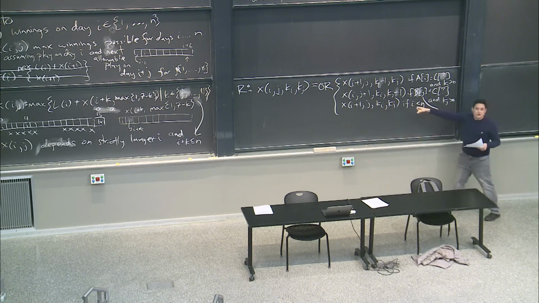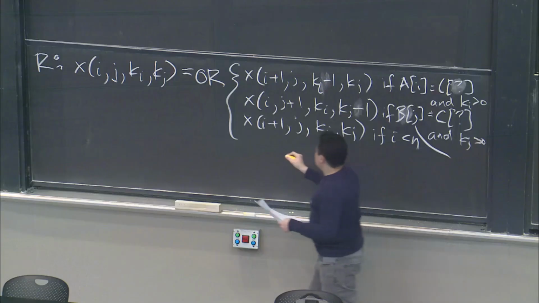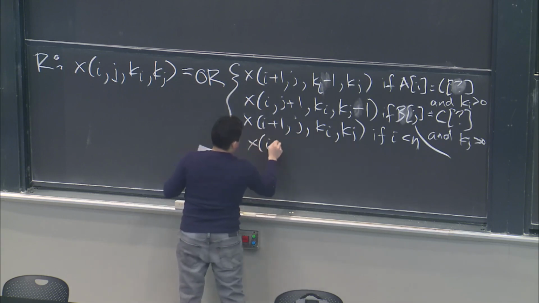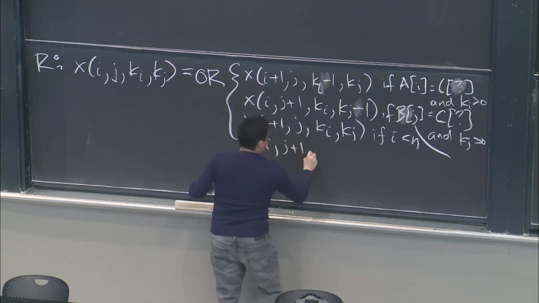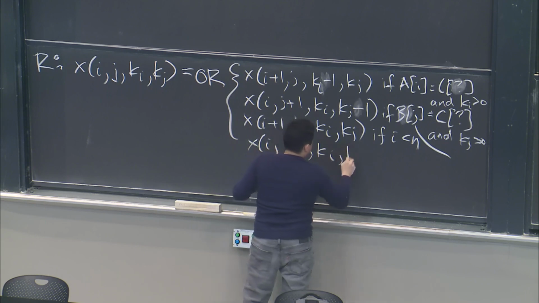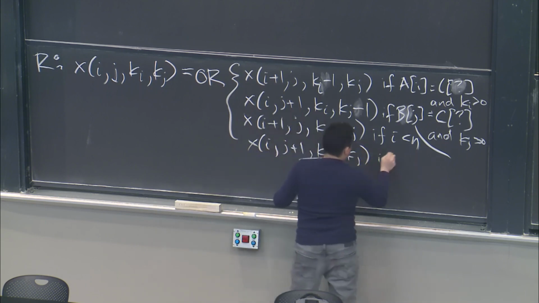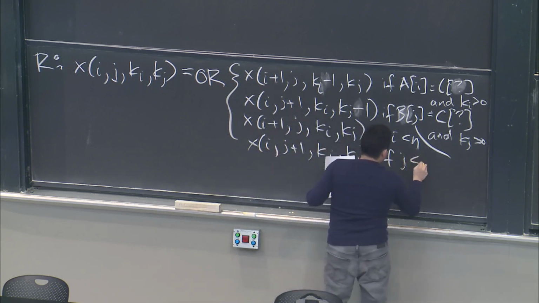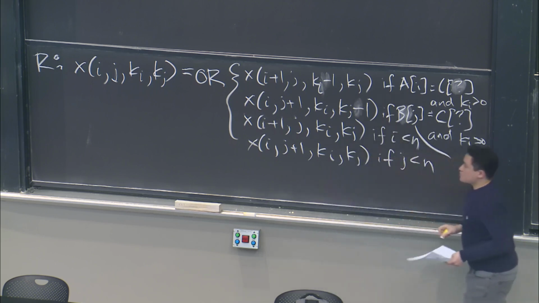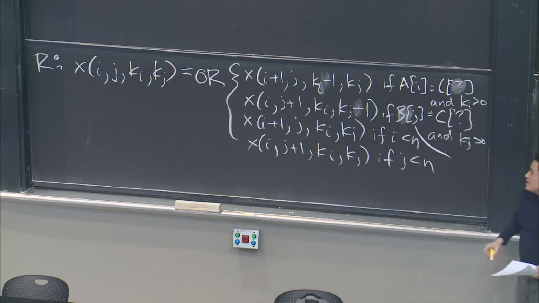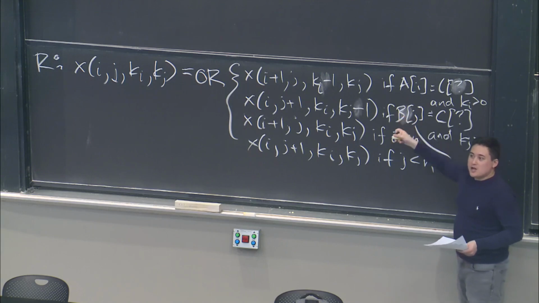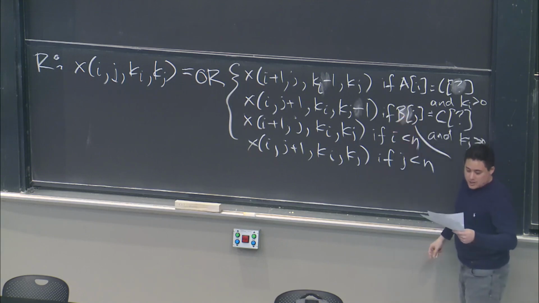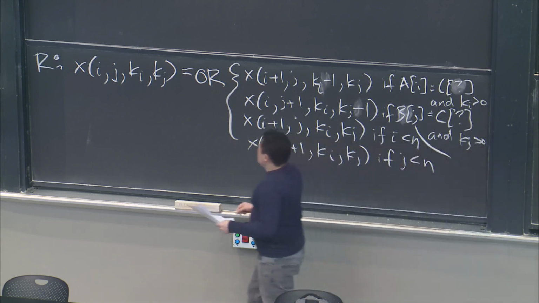I don't want to move off the end of this thing. Or x, i, j plus 1, Ki, Kj, if j is less than n. Okay, so those are my 4 choices. If I match the letter, I'm great. Otherwise, I decrease the size of my subproblem and I recurse. Okay?